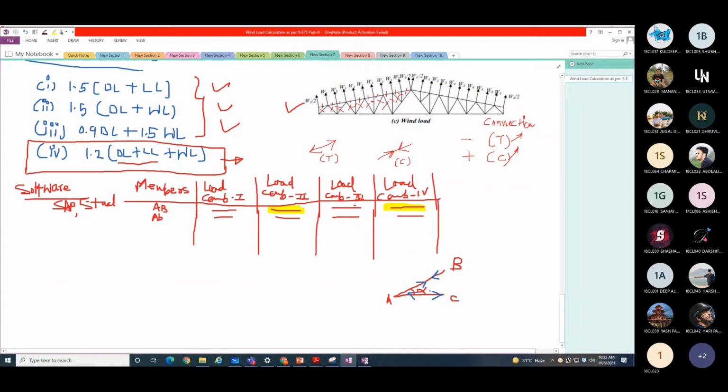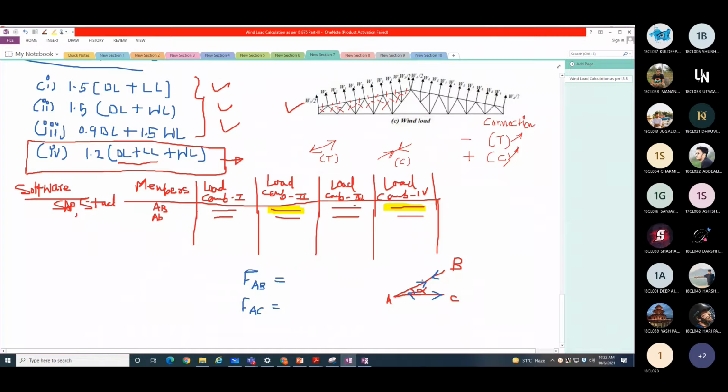Then you do the method of section or method of joint and find the forces in AB member and AC member. Generally for tension we assume a negative sign, and for compression a positive sign.